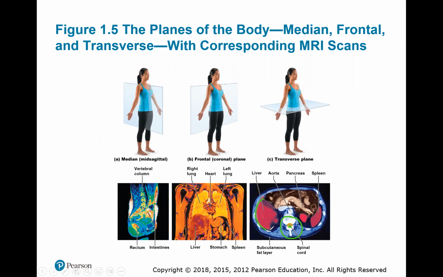You can see a portion of the liver, see the spleen, because remember, this is posterior, this is the back, and this is anterior, that we're seeing here. So that gives you an idea of what to expect for those body planes and sections.